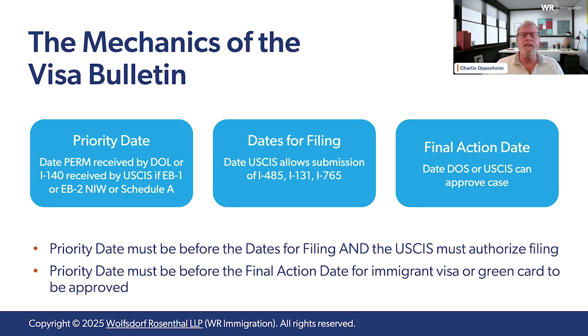Those dates for filing were initiated in the Visa Bulletin listing so that applicants could begin filing their paperwork with USCIS, so that when their priority date becomes eligible, say 4, 5, 7 months down the road, USCIS would have been able to pre-process it, and they can be issued their green card or an adjustment of status at that point, instead of having to wait until further down the road to do so.